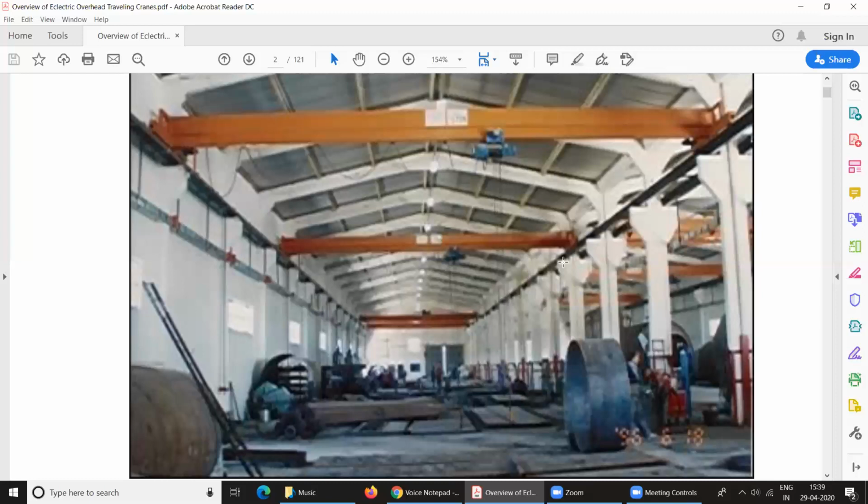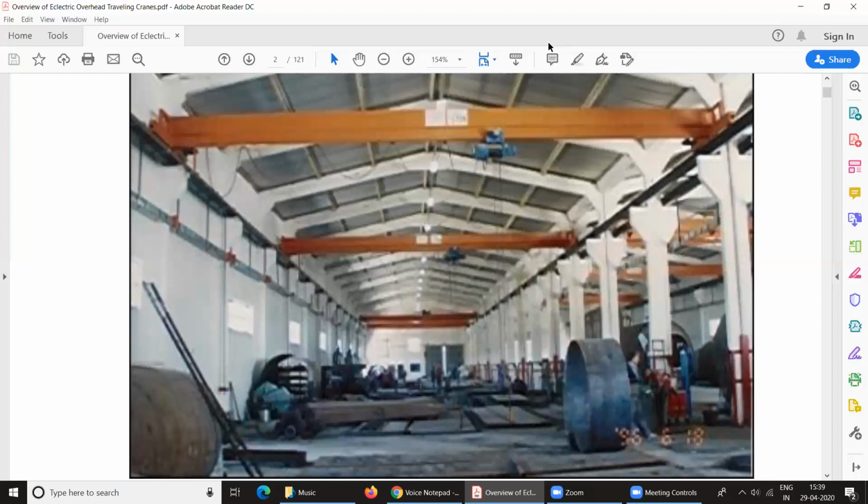The turntable of the crane rests on a number of rollers running on a circular rail erected on the foundation or on the crane truck. Rack and pinion or cogwheel drives are generally employed for rotating the turntable.